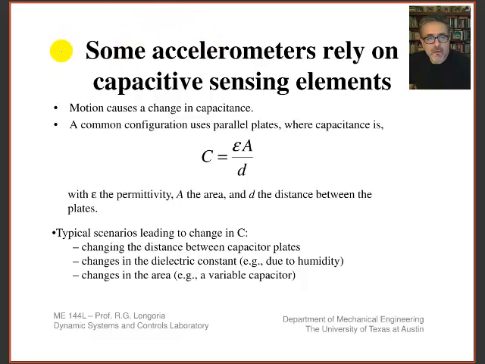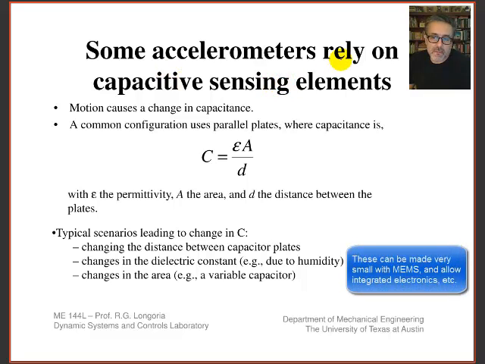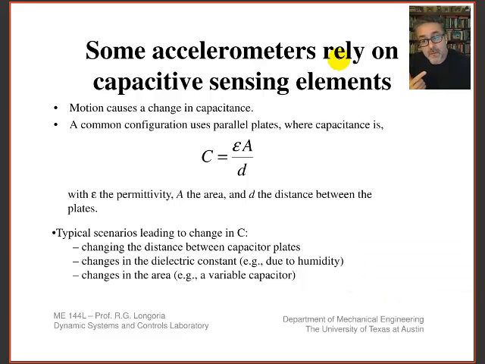Many accelerometers that are coming out now are actually using capacitive type sensing elements. In past discussions on sensing in different labs, I've talked about resistive sensors and inductive sensors, and the last piece really is the capacitive, which is also related to the piezoelectric.